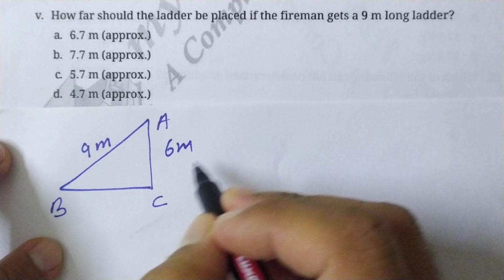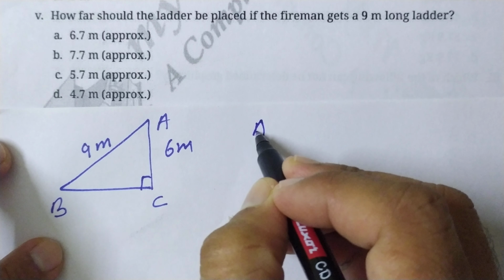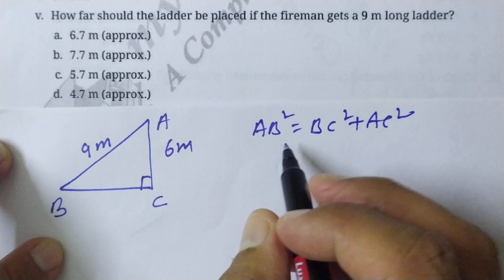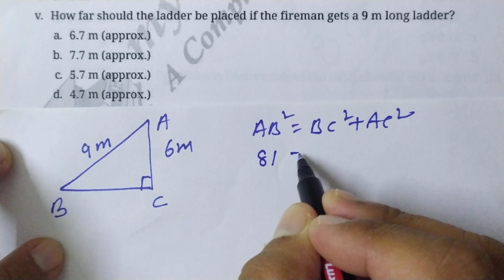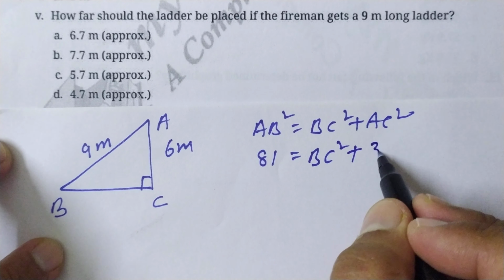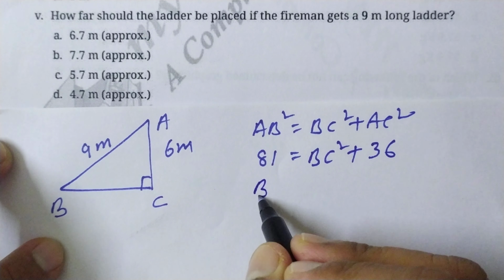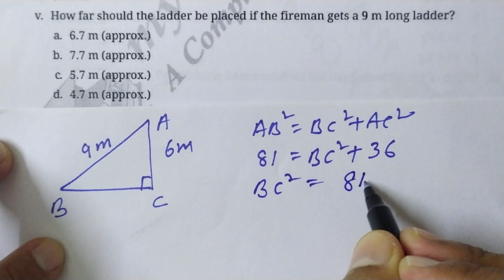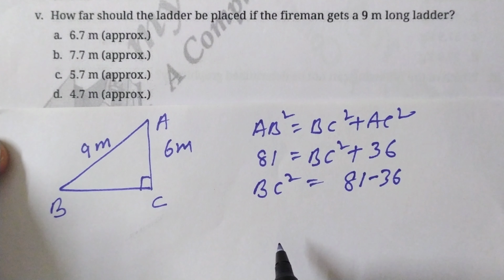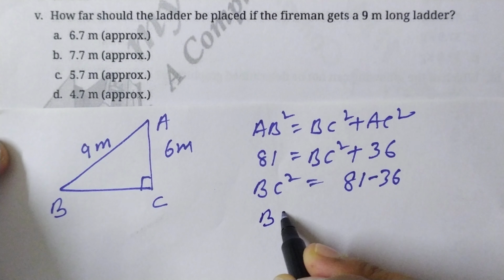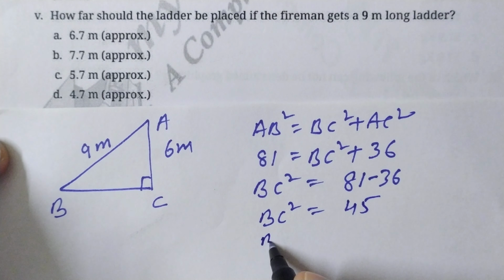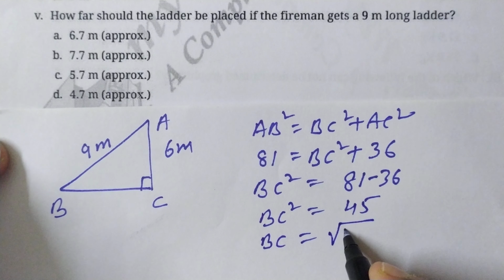So we have the Pythagoras theorem here. AB square is equal to BC square plus AC square. So AB is 9, 9 square is 81, is equal to BC square plus 6 square is 36. So it becomes BC square is equal to 81 minus 36. So BC square is 45. So BC is square root 45.